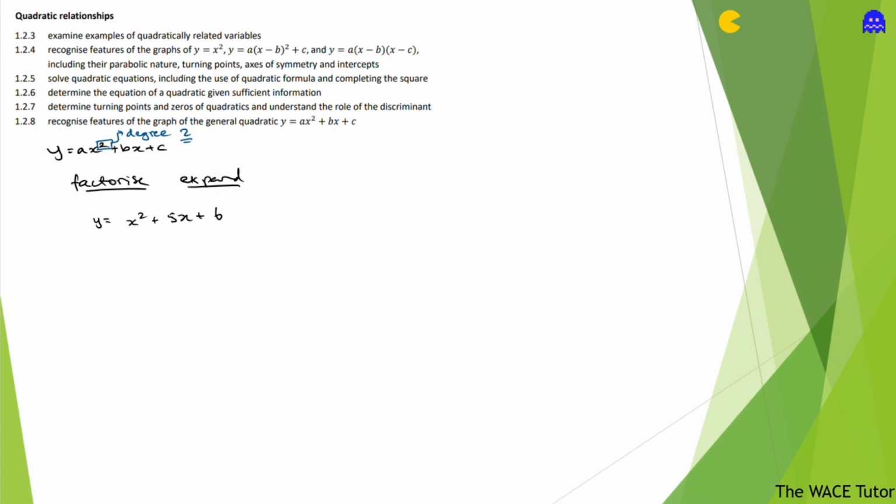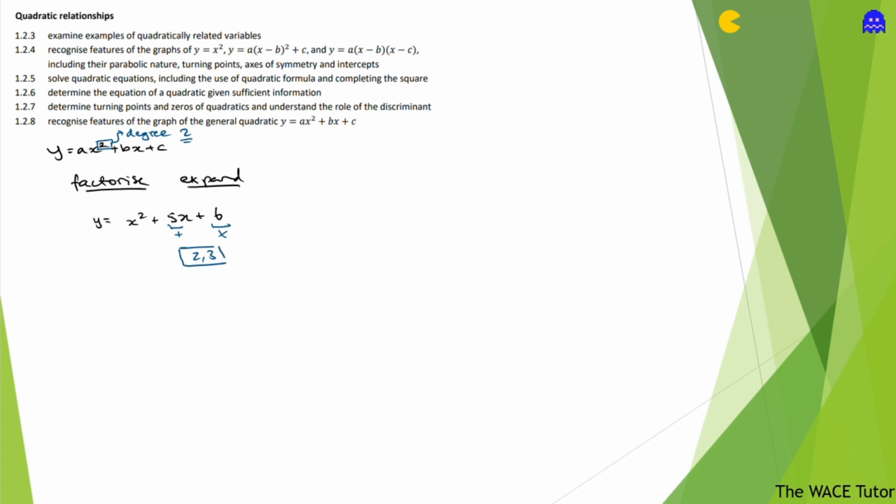Generally what we want to do in the case of quadratics is find two numbers that sum to the coefficient of x and multiply to the constant in the equation. So we need to find two numbers that sum to this and multiply to this. In this case, our two numbers would be 2 and 3.